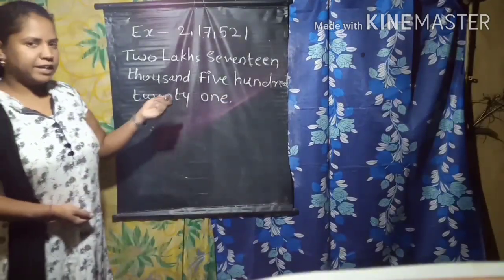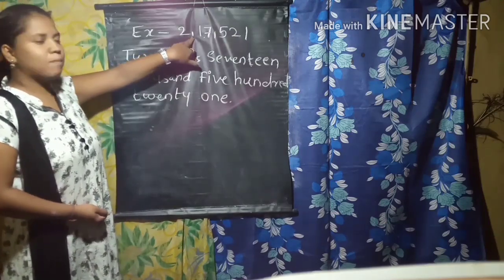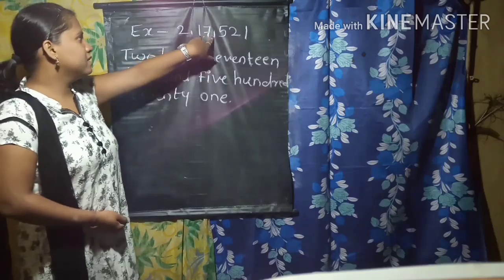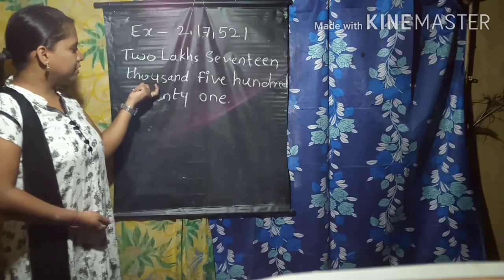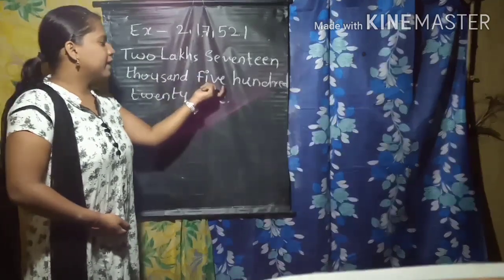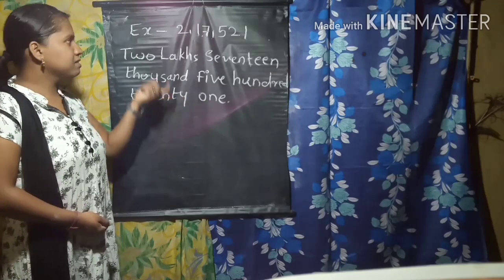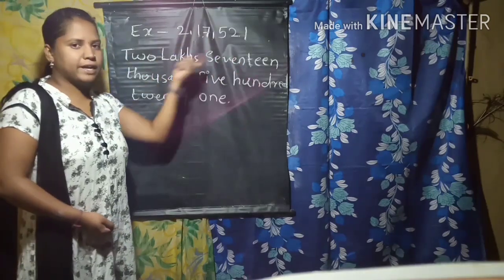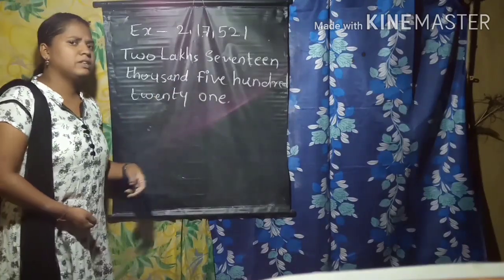So while writing, we will write 2 lakhs. Here a comma is there. Remove that comma and put the lakhs. Then 17. Again one comma is there. Then write the 17, then it is thousand. Then the last one is 521. While writing, we write it as 2,17,521. I hope you understood this part.